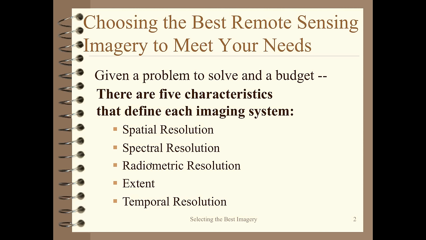By the end of the presentation you should be experts on these 5 characteristics, so that you can talk to vendors, to your clients, and within your group to make sure you're getting just the right imagery to meet your needs.